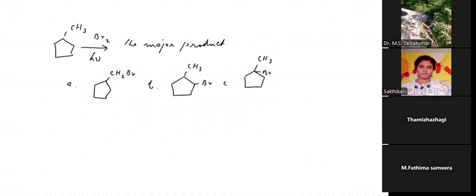And option 4 is bromine substituted in this carbon. Now, which is the major product?